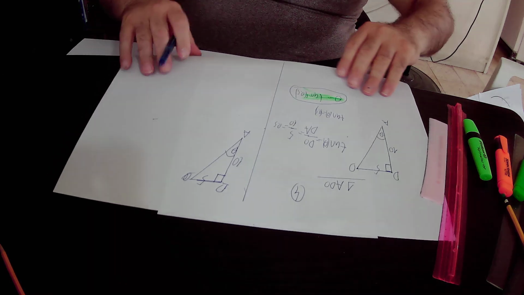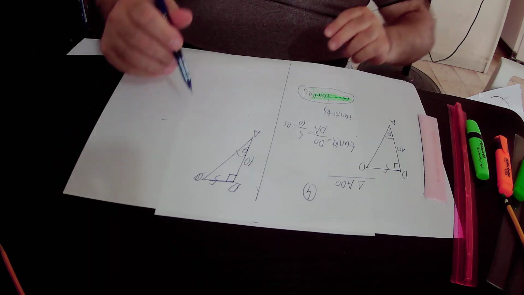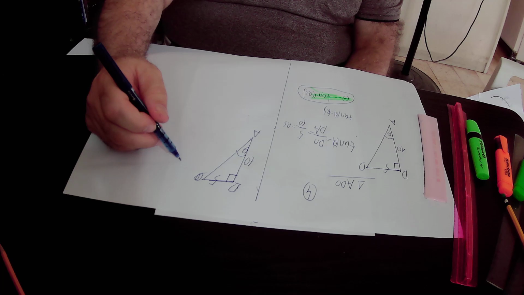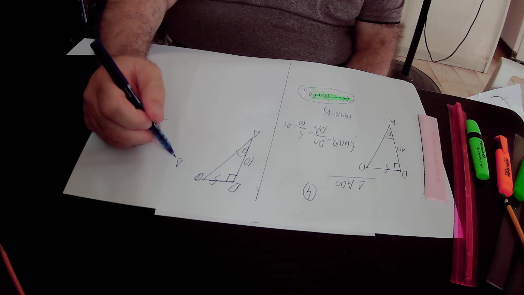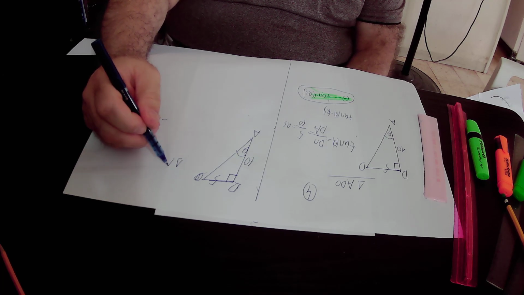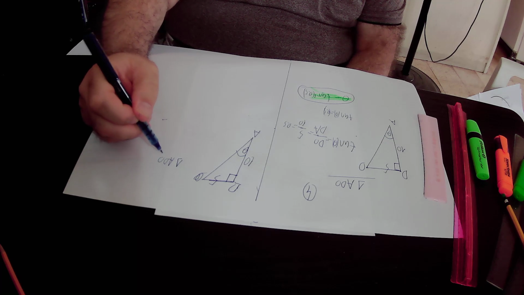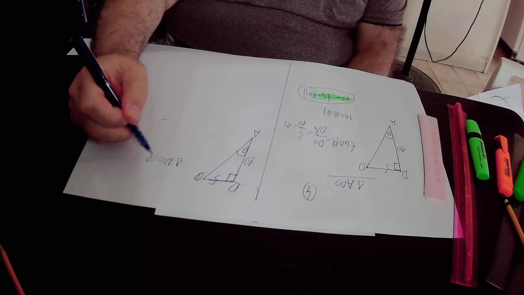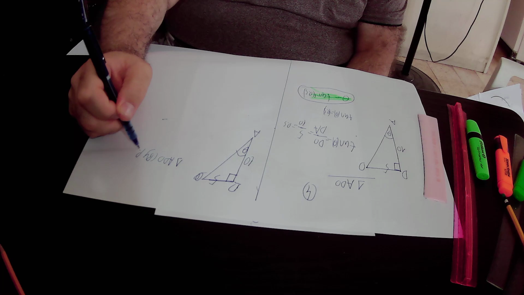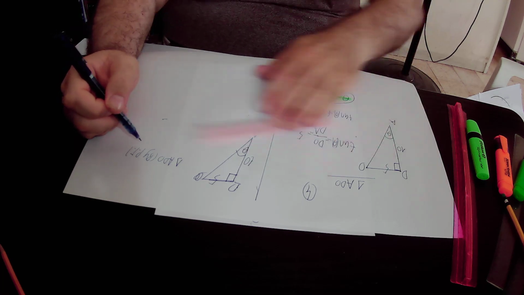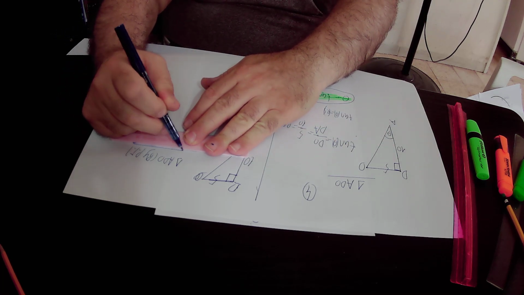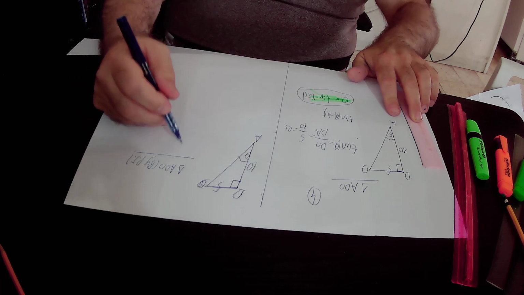We'll implement the Pythagoras theorem on the right triangle ADO in order to find the value of the hypotenuse. By the Pythagoras theorem, in the right triangle ADO, the square of the hypotenuse equals the sum of the squares of the perpendiculars.